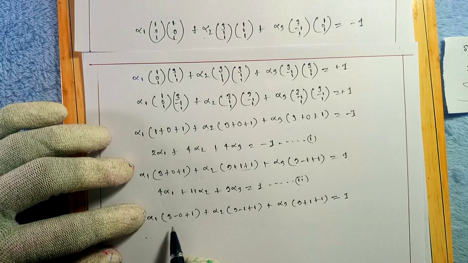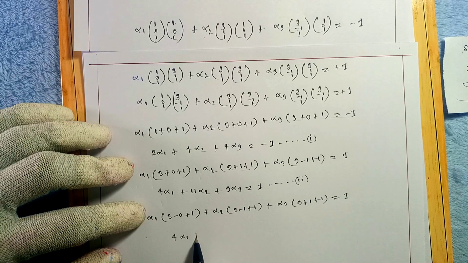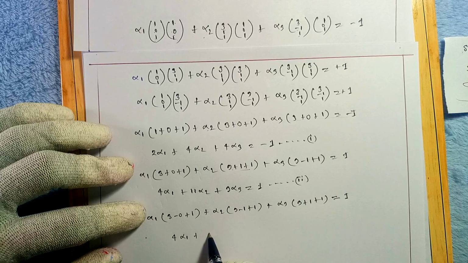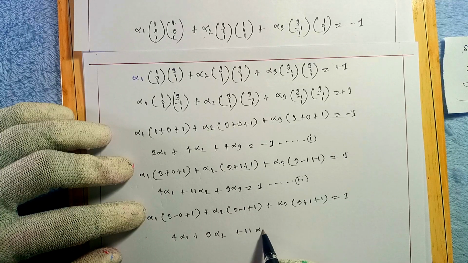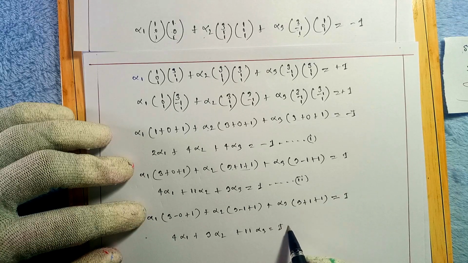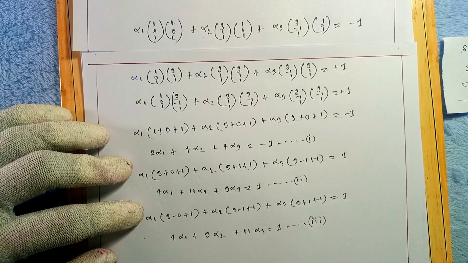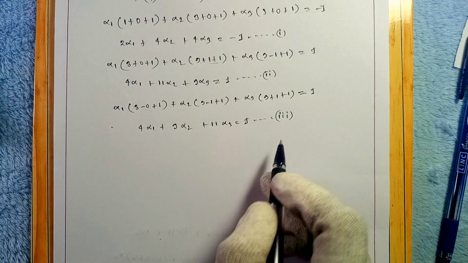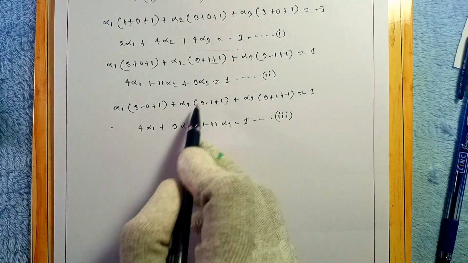So we got the value: this is 3 plus 1 is 4 alpha 1, plus this one is 9 alpha 2, plus 11 alpha 3, equal to 1. This is equation number 3. So we found a total of 3 equations: one is this one, this one, and this one.